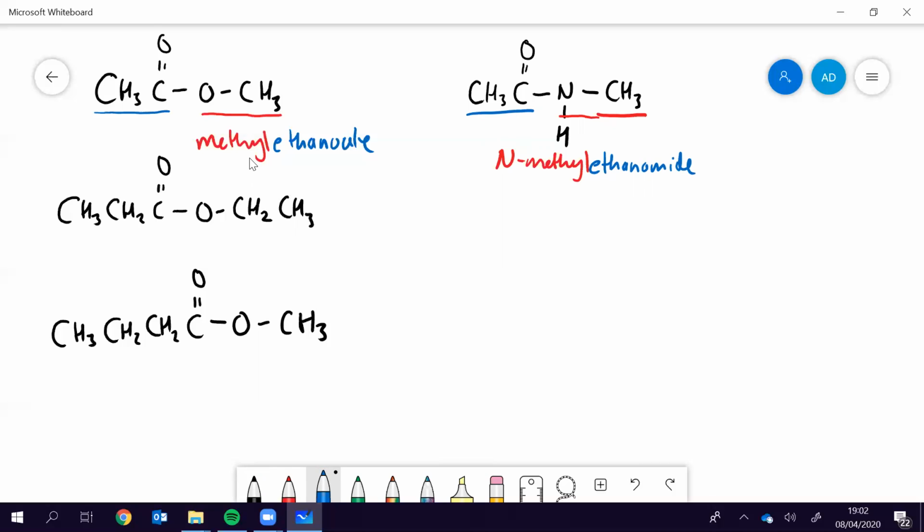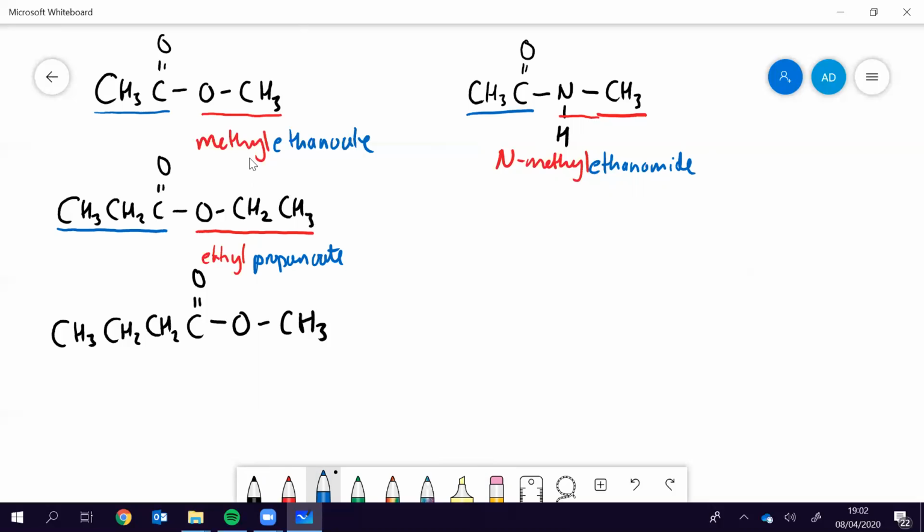Okay, let's do the second one then. This one here is formed from ethanol and from propanoic acid, or propanoyl chloride. So we'd call that one ethyl propanoate.